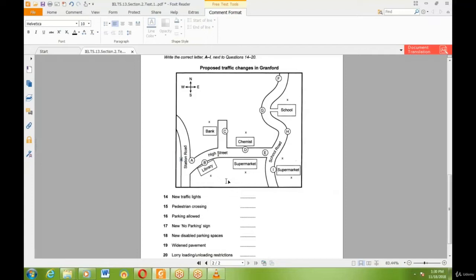Okay. Are there any vocabulary words I need to put in my mind that are going to be helpful? So where you see H and where you see G, does anybody know what that part is called? Where H is and where you have G. Does anybody know what you call that part of the road in English?